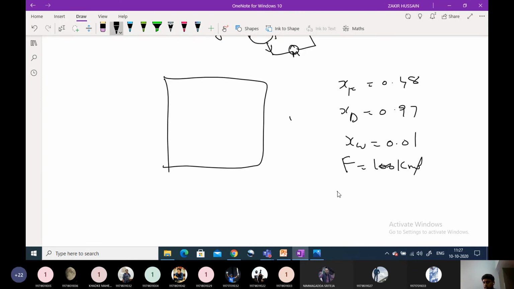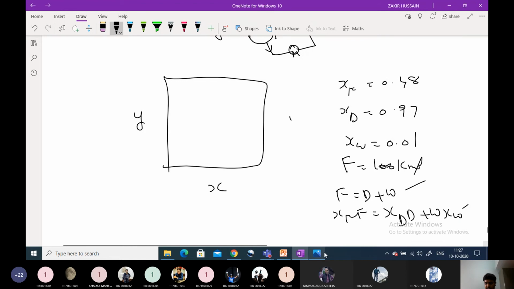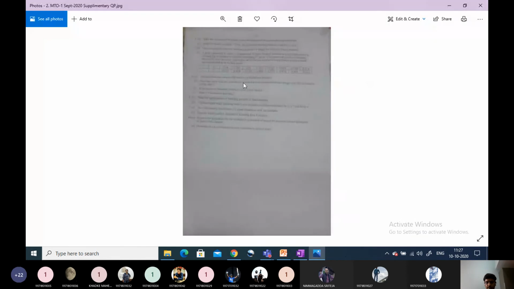From this XF, using these formulas, F is equal to D plus W, or XF F is equal to XD D plus XW W, using these two formulas we can calculate all the missing parameters. The equilibrium diagram can be drawn using the X and Y data.